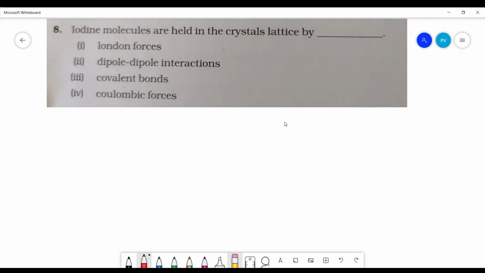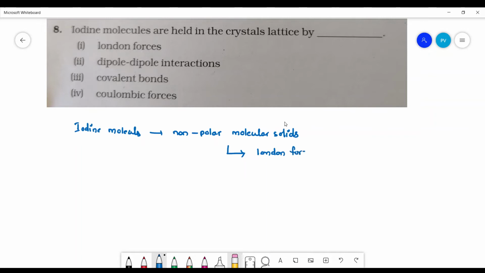The question is, iodine molecules are held in a crystal lattice by. Coming to the explanation, iodine molecules are non-polar. Non-polar molecular solids are held together by London forces or dispersion forces.